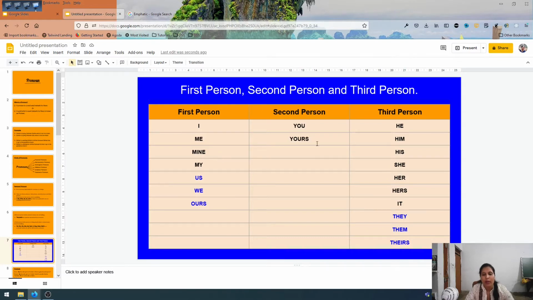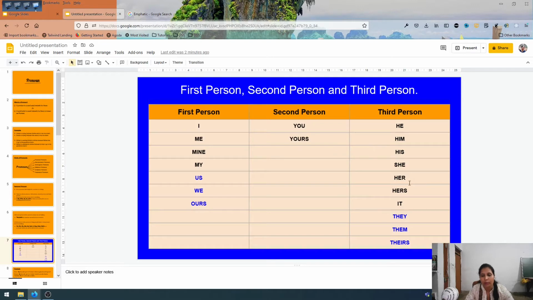Okay, now second person pronoun. For second person pronoun we use you and yours. Both these pronouns are used both for singular and plural. Yes. And third person pronouns are he, him, his, she, her, hers, it.